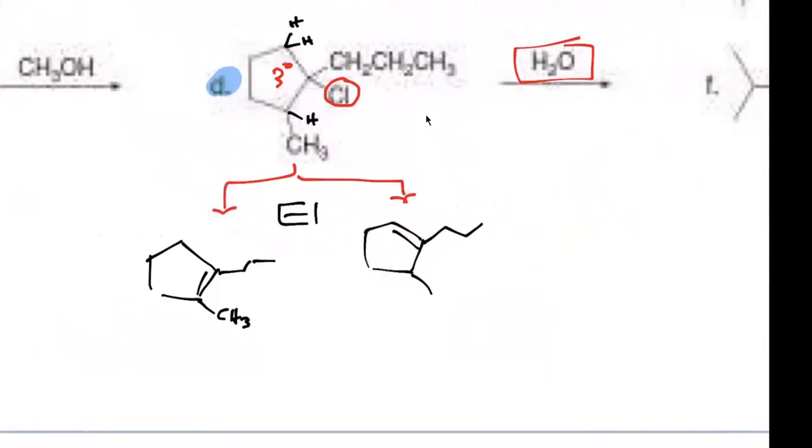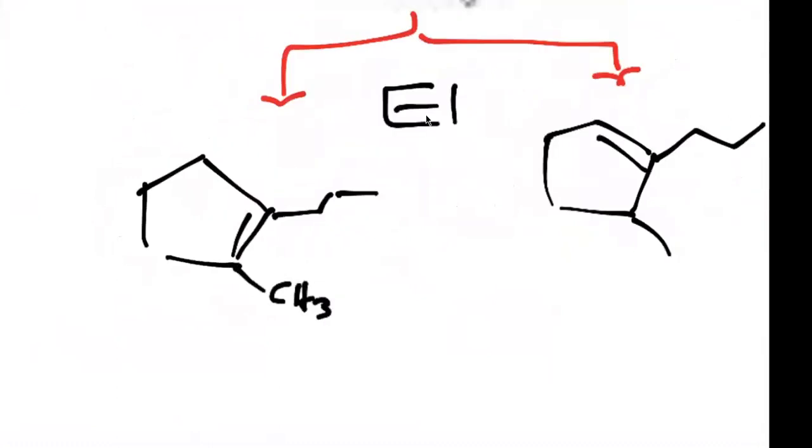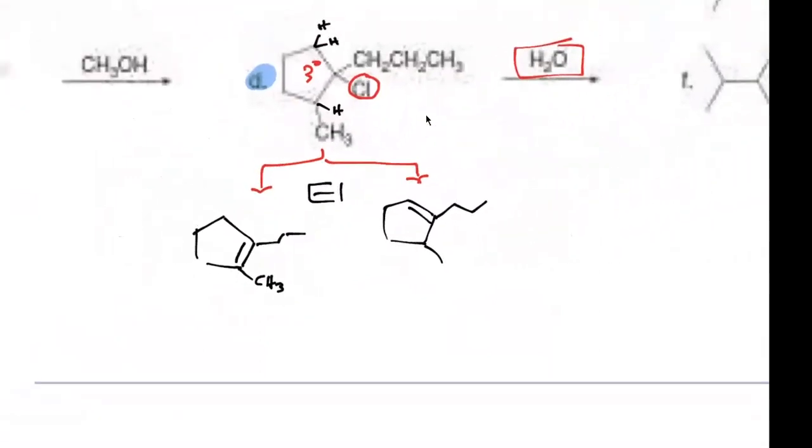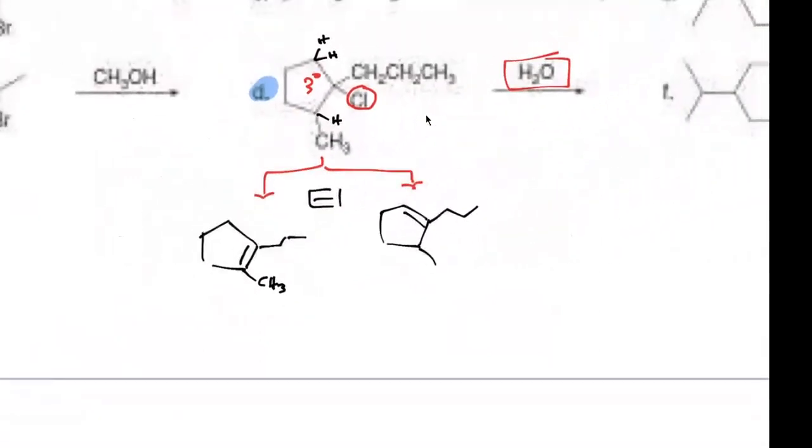All right, so you're going to get those two products, and they're going to be in competition. Which one is going to be major, according to Zaitsev's rule? Look at the double bonds in each case. According to Zaitsev's rule, the more substituted double bond is the major product.